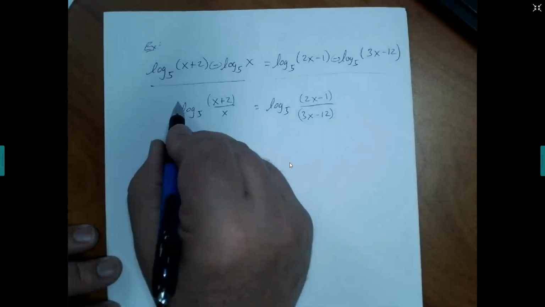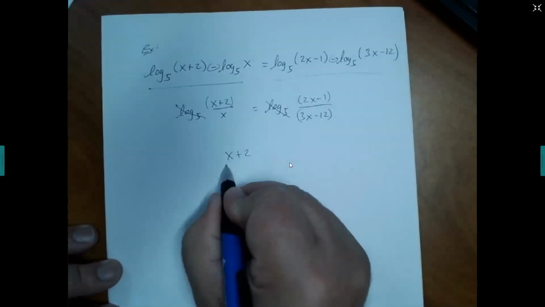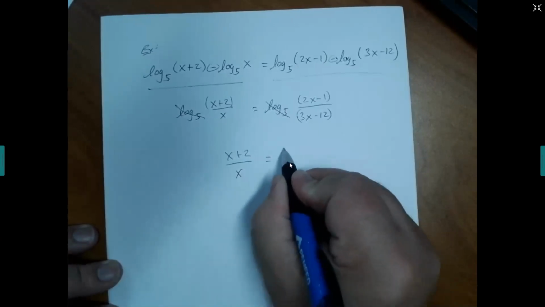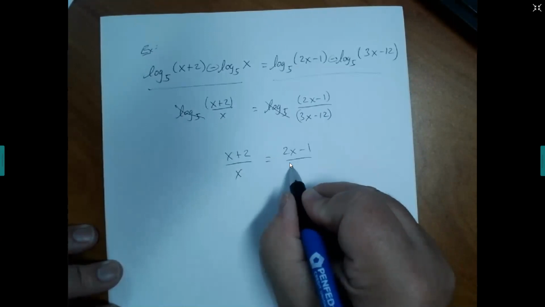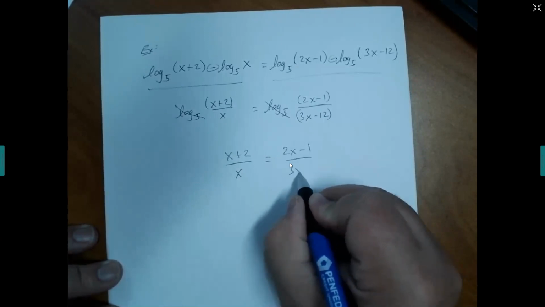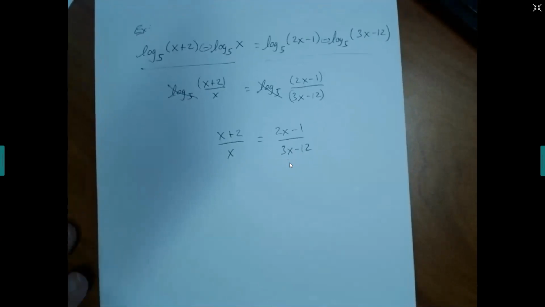Well, since they're both log base 5, the only way they're equal is if the operations are equal. x plus 2 over x is equal to 2x minus 1 over 3x minus 12.